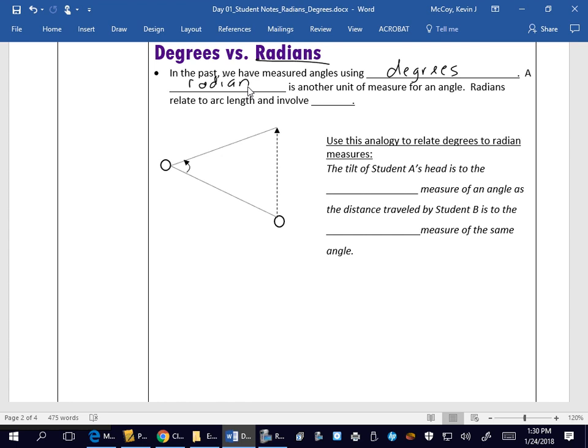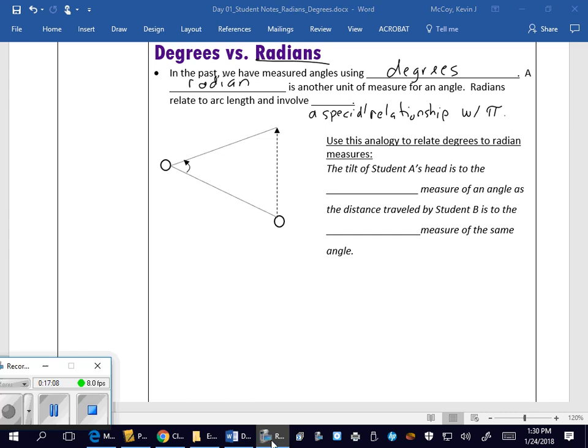Radians actually relate to the arc length and involve a special relationship with pi. So there is a special relationship that these angles have with the number pi.